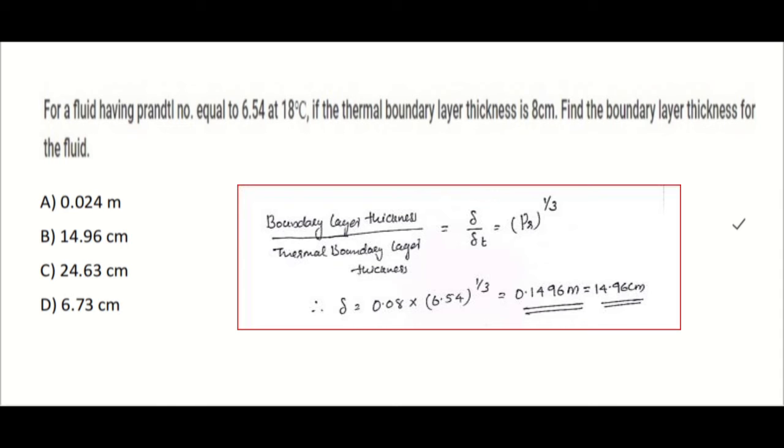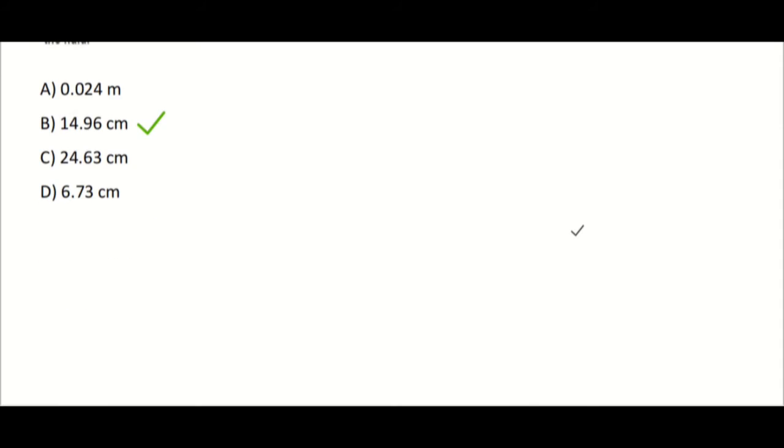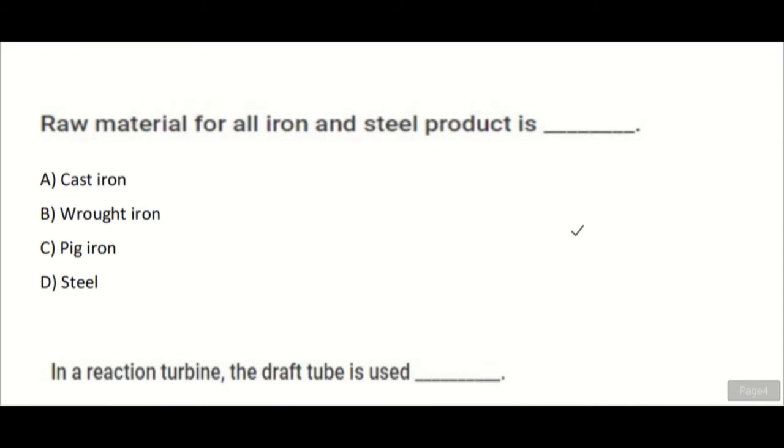The ratio of the boundary layer thickness and the thermal boundary layer thickness will be equal to the Prandtl number whole raised to 1 by 3. Here the Prandtl number is given and the thermal boundary layer thickness is also given. From that we can find the value of the boundary layer thickness, that will be equal to 14.96 centimeter. That is the right answer.